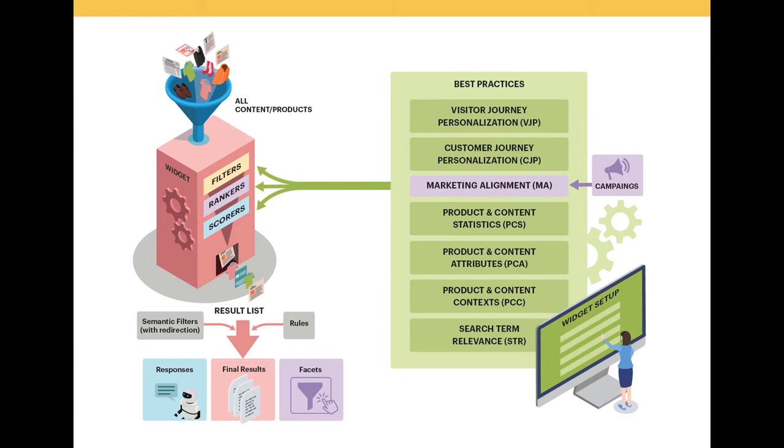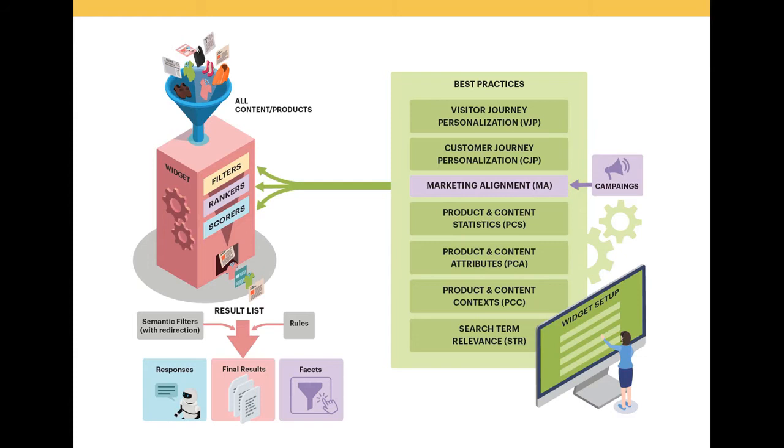So if the user is searching for a category or a brand, then instead of searching for the keyword, we might prefer to either redirect him to the category or brand page, or at least to select this filter and have a clean list of results which are connected to these filters. So the semantic filters, when they are defined or when they are self-learned, do affect the result list in the context of the search.